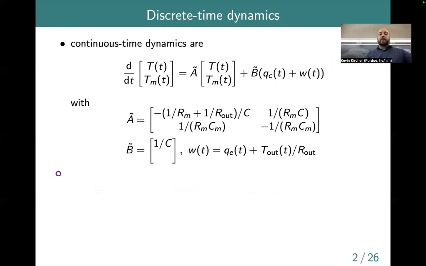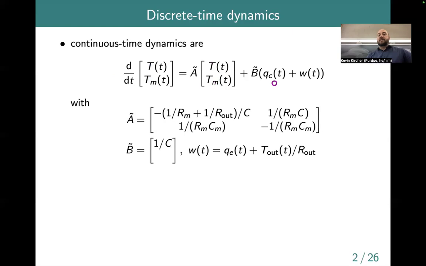So if you think back to our lectures where we talked about time discretization for higher order linear differential equations or dynamical systems, we had some steps, and I'm going to go through those in this example. Here we have the time derivative of our state vector, which is the temperatures of the air and the thermal mass, equal to the matrix A, and here's what that matrix looks like, times the state vector itself, plus a matrix B times the input signal, which here is composed of two pieces.